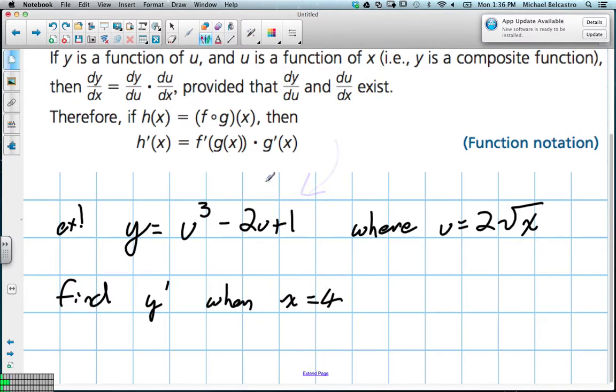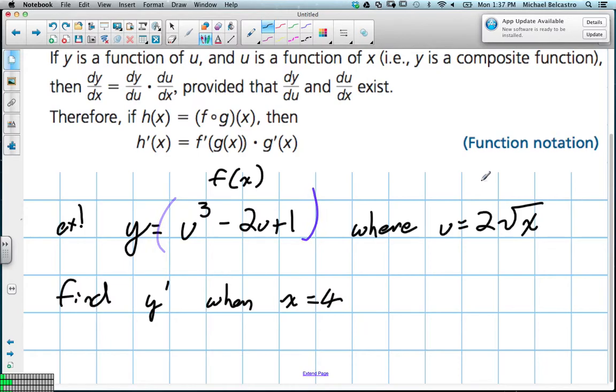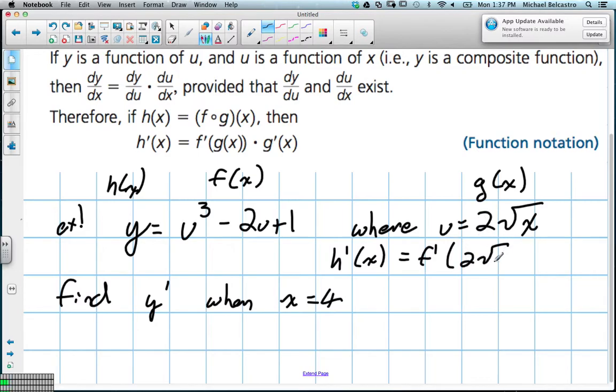The idea here is this is our outside function, our f at x, and this would be our g at x. So according to this, if this is our h at x, then h prime of x is equal to f prime of the function with g inside, so 2x, multiplied by g prime x.